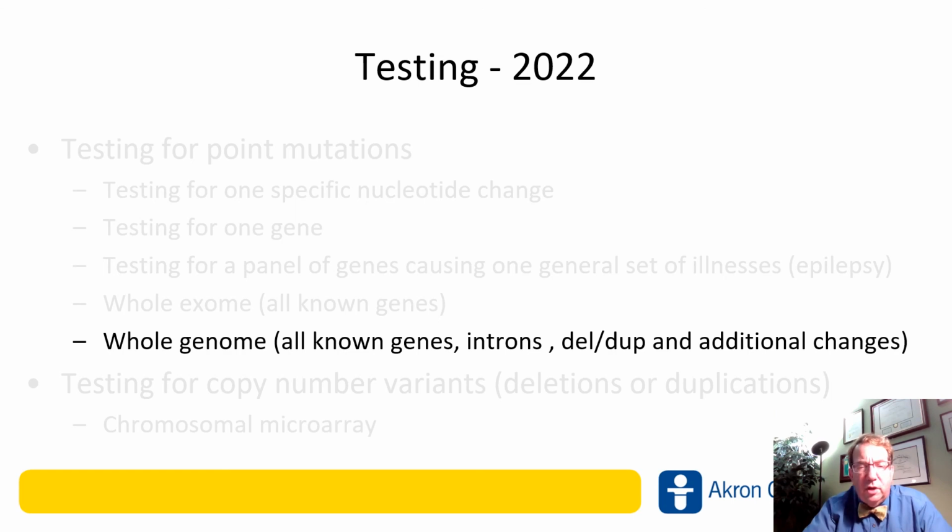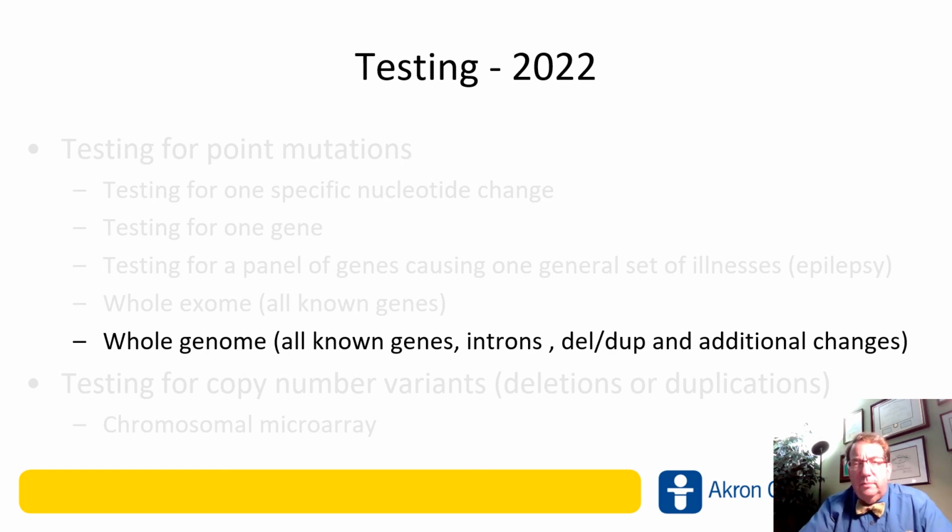I hope this talk has given you a better idea about the human genome, how genes are arranged on the human chromosome, the difference between DNA and RNA, transcription, translation, protein formation, the different types of mutations that can occur, and the different ways that we can explore the human genome.